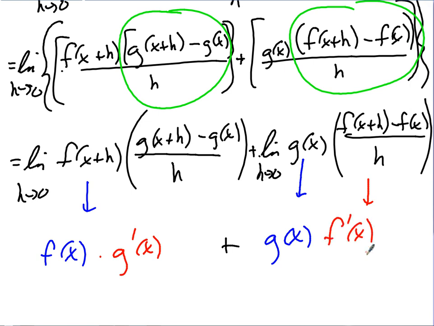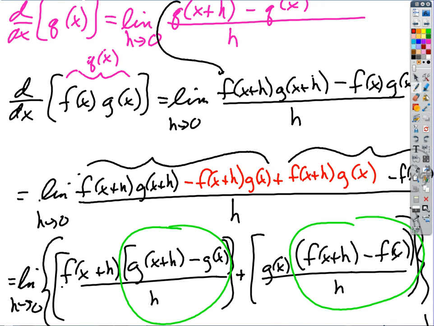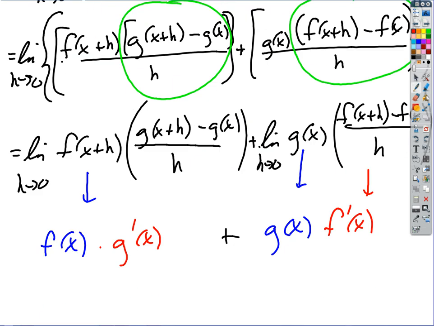We got a formula. This derivative we were trying to figure out, the derivative of the product of f of x times g of x, look what we got. It's got two terms. It's f of x times g prime of x plus g of x times f prime of x. One of the factors times the derivative of the other, plus vice versa. There's our formula.